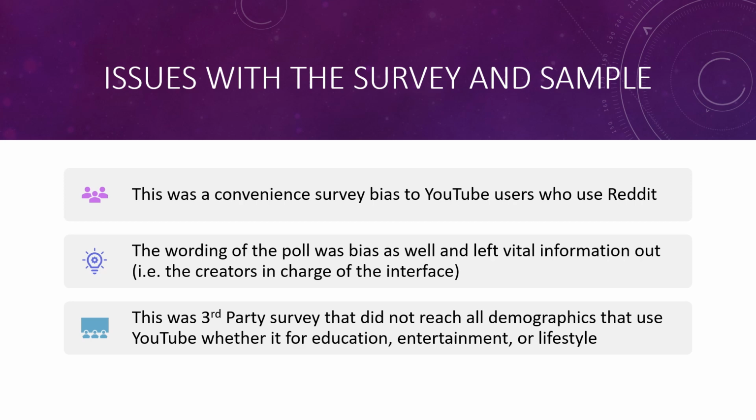We need a really random sample to give us something similar to our population proportion. We're trying to get our sample as close to our population, and this was not the way to do it at all.